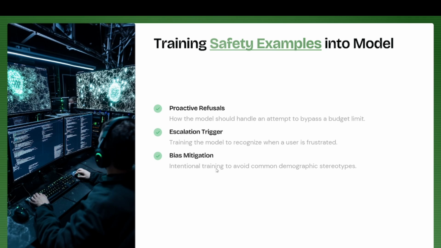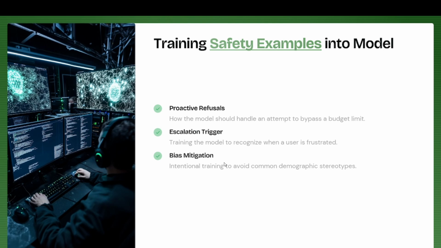So bias mitigation, make sure of intentional training to avoid common demographic stereotypes. So do not limit to one geography, do not limit to specific data, do not limit to small data. If you are building for a domain, make sure you use the whole domain data set. Do not just use one part of the domain data, to avoid bias.